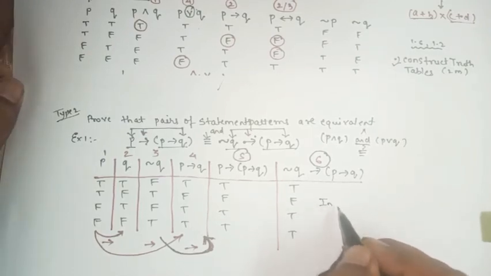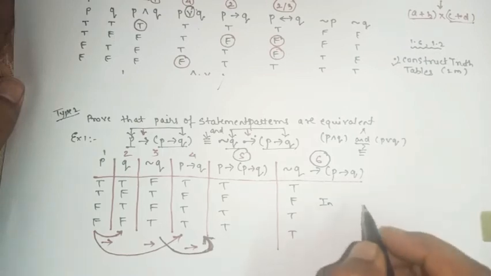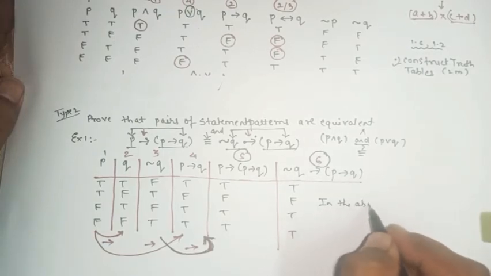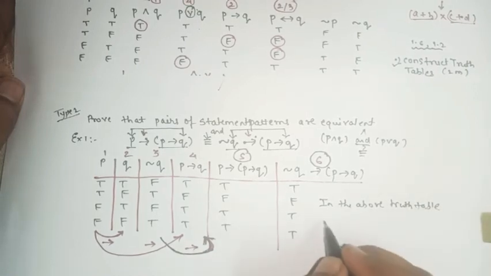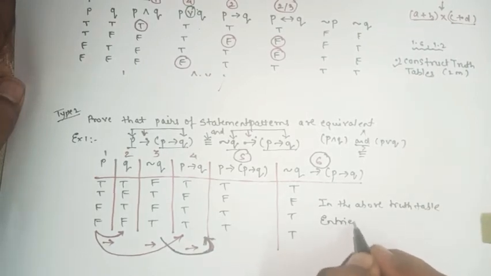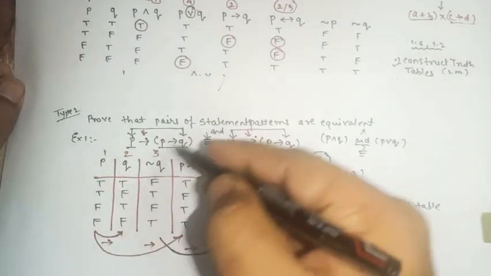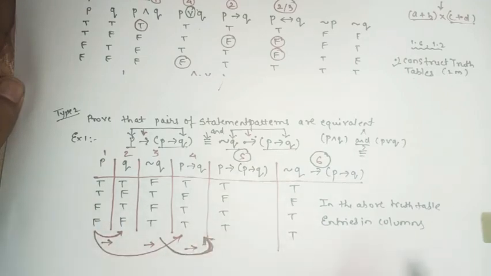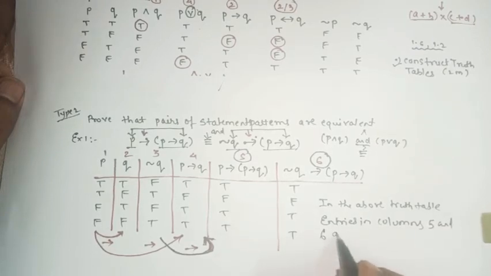This is a common step you have to write. Common step means the statement is common. In the above truth table, entries in column. So this is column and this is row. Understood? In column number 5 and 6 are identical, you will write.